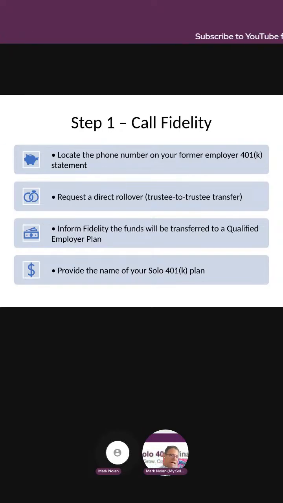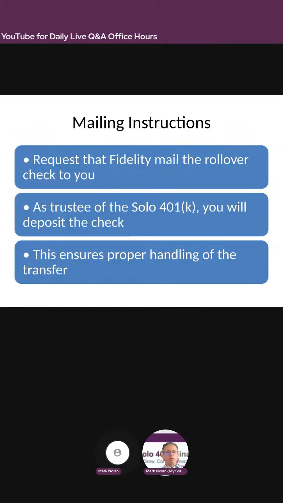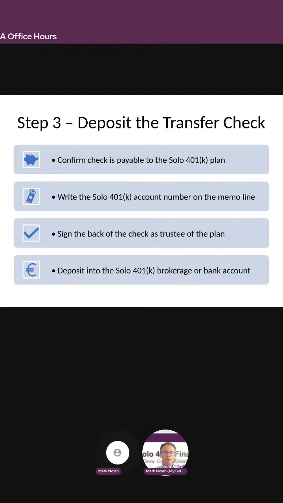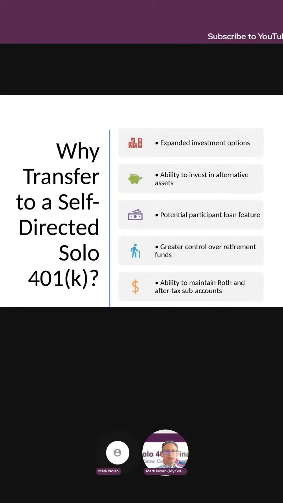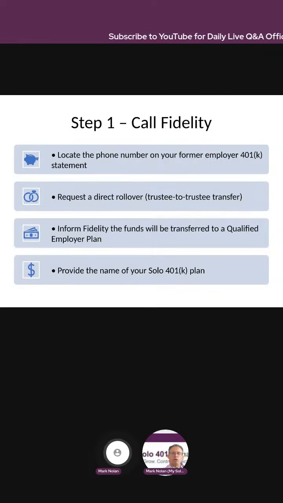And of course, a self-directed solo 401k allows you to place investments by writing a check or by wire, since you are the trustee of the solo 401k plan. Now, some important items to know before initiating the transfer of a former employer 401k held at Fidelity Investments to a solo 401k plan: before requesting the transfer or direct rollover from Fidelity, you want to consider the following items.